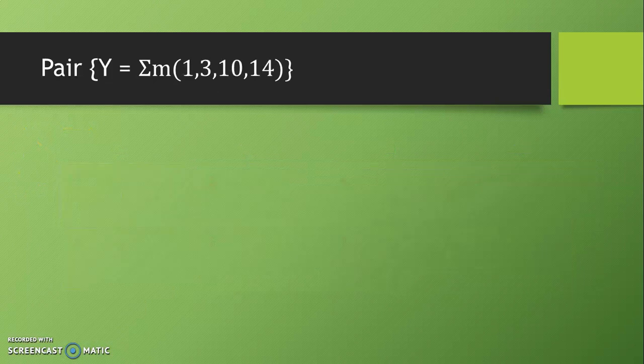In this way we can make a pair of ones. We have another example that is also for a pair, and the Boolean function given is y is equal to summation m 1, 3, 10 and 14. Again the number of variables is not given, but we know that 10 and 14 are possible only with 4 variables.